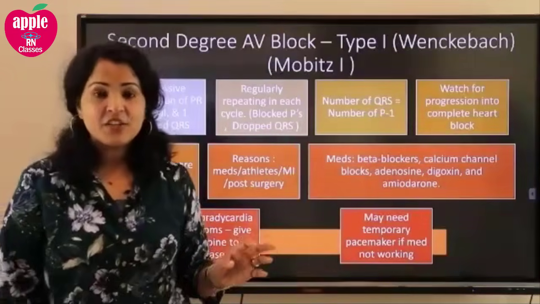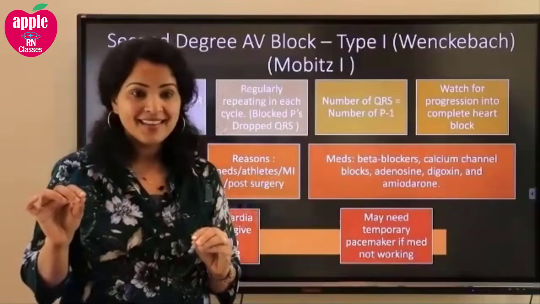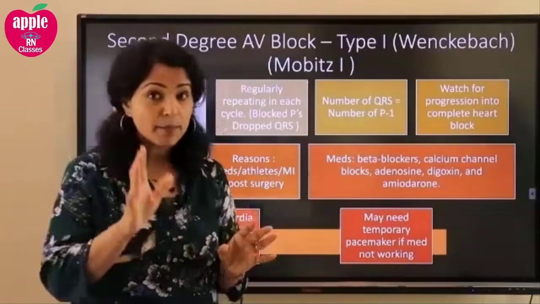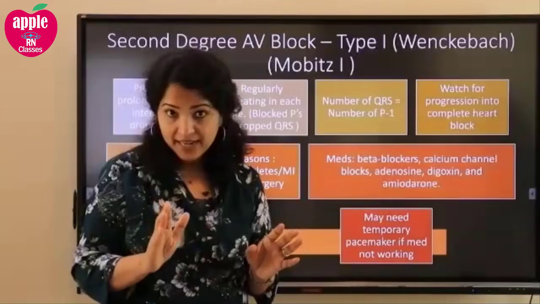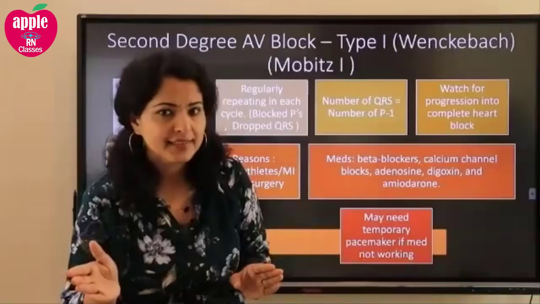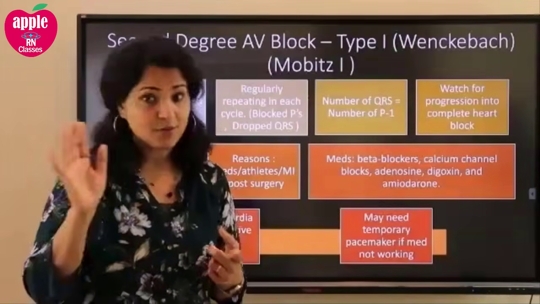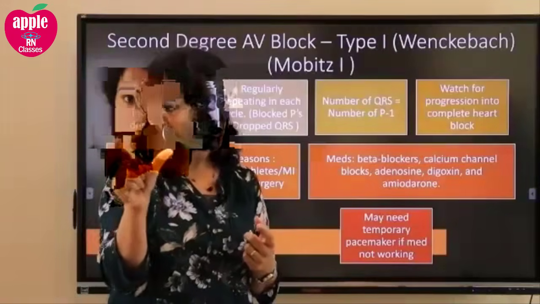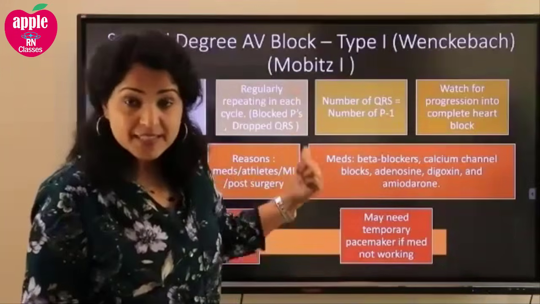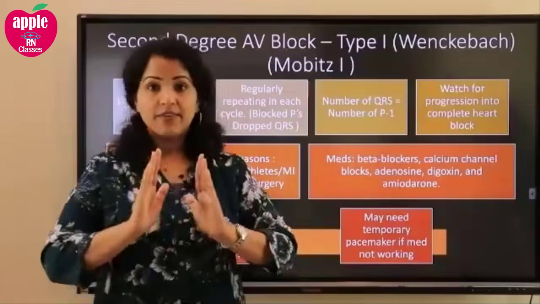In first degree heart block, the husband was coming home every day at the same time, but he was a little late. Instead of 5 o'clock, he was coming every day at 6 o'clock. That was the problem. PR interval was prolonged.